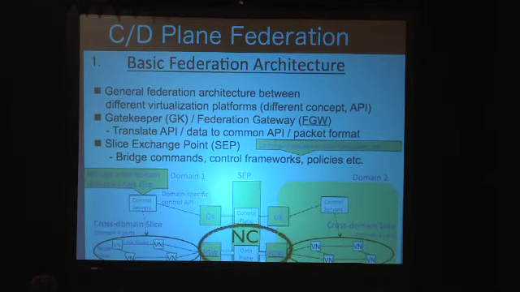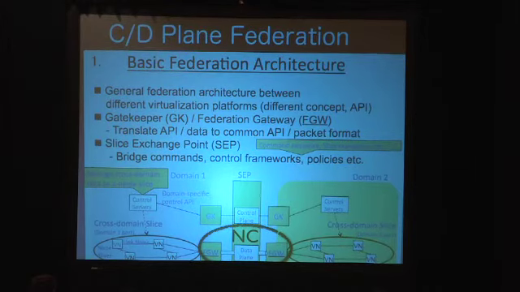We wanted to put this piece in Utah Emulab to connect our VNode system and proto-GENI system, but we are not there yet. Today I'm showing that we developed this SEP already, but we have not put it into Emulab yet. So today I'm showing only a data plane federation part. This is just half of what we wanted to achieve.